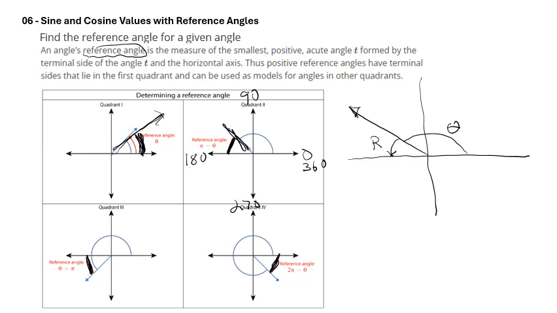If you're in the third quadrant, guess what? Your angle is larger than 180, so you would be subtracting 180 from it. Your angle minus pi, your angle minus 180. In the fourth quadrant, since this is your reference angle, well, you're now approaching 360 degrees, right? So 360 minus the angle would be your reference angle.